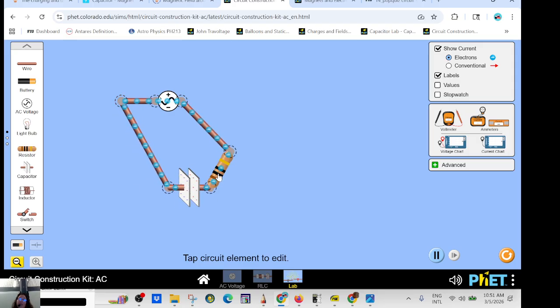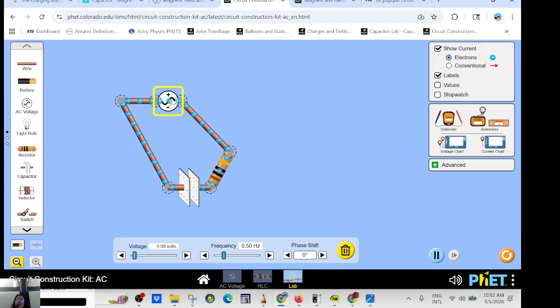You see, charging, discharging, charging, discharging. That's how it works. So everything happens like you do have current going through. So a capacitor will not stop AC. A capacitor will let AC go through.